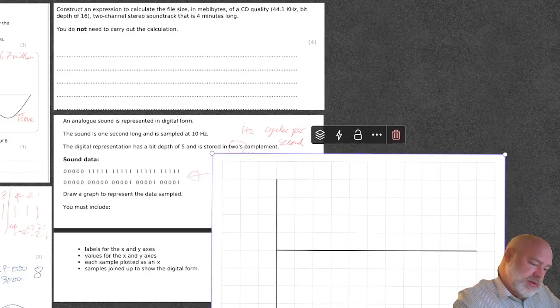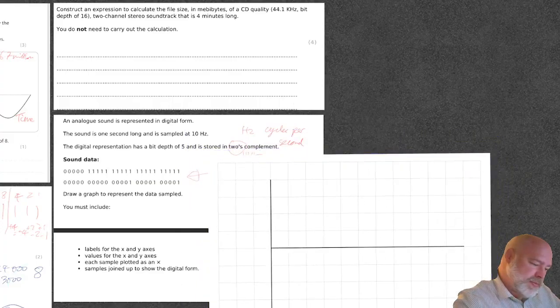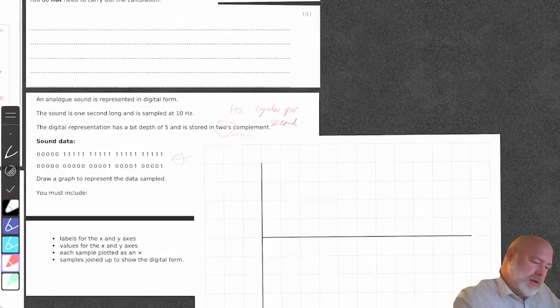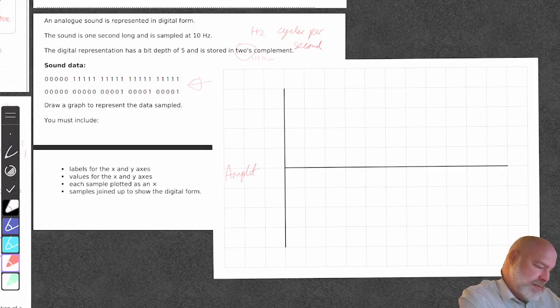I'll move this across a little bit. I think we can work with that. Better. So obviously amplitude is our y-axis and time is the x-axis.